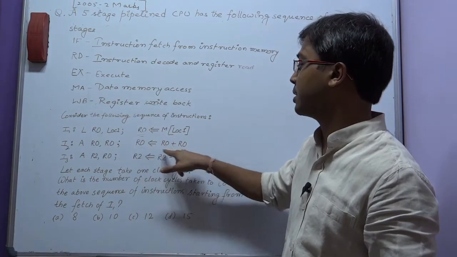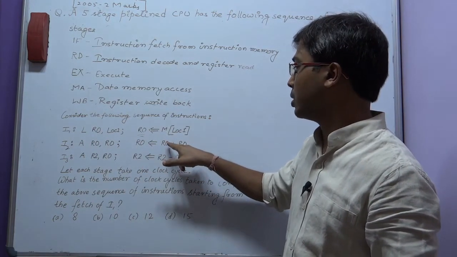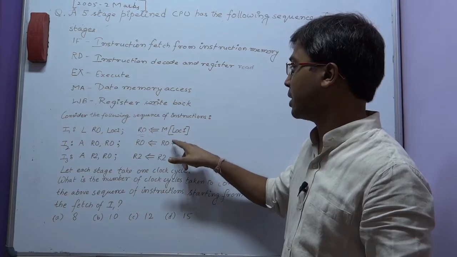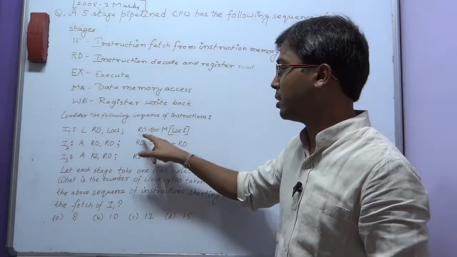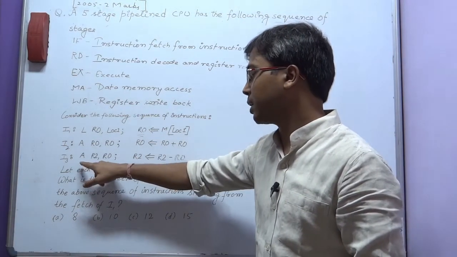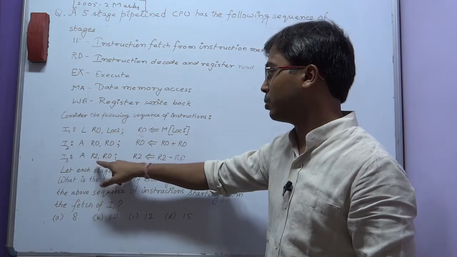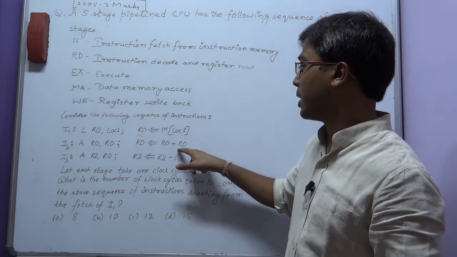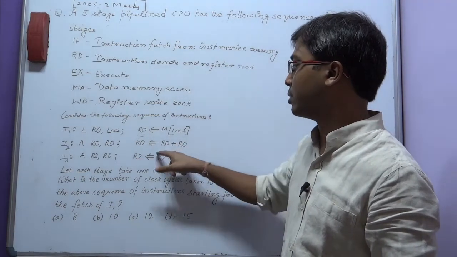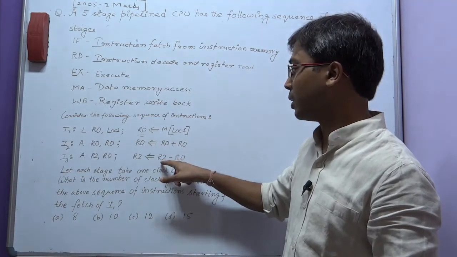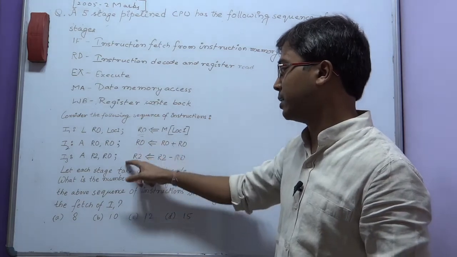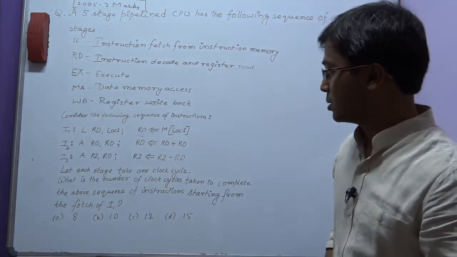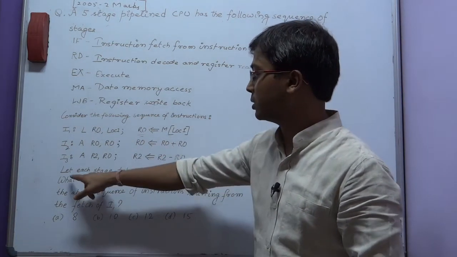What it means is the value of R0 is summed up with itself and the result is stored back in R0. I3 is another arithmetic operation, A R2 R0. What it means is the value of R0 is subtracted from value of R2 and the result is stored back in register R2. So the question goes further.